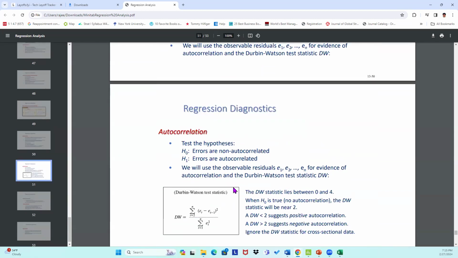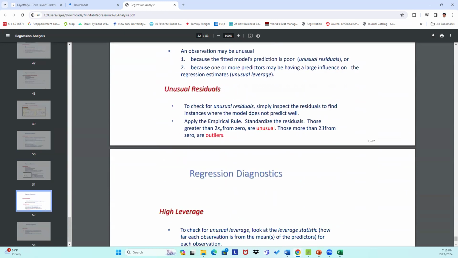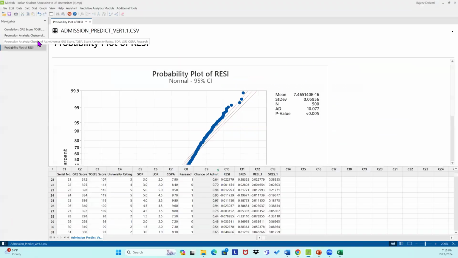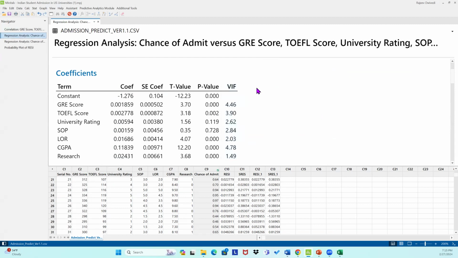So Durbin-Watson is useful in time series data. You can ignore the Durbin-Watson test for cross-sectional data, and this is our cross-sectional data. When you take time series data, this is useful because sometimes, due to time, some variables are autocorrelated. And look into our data, so we checked Durbin-Watson somewhere.